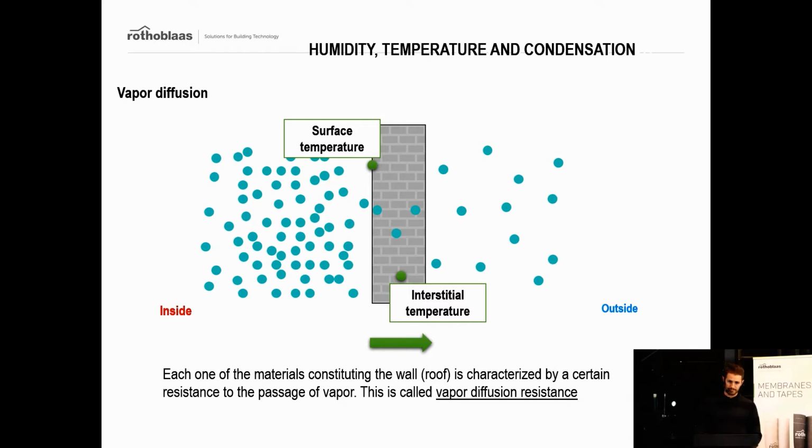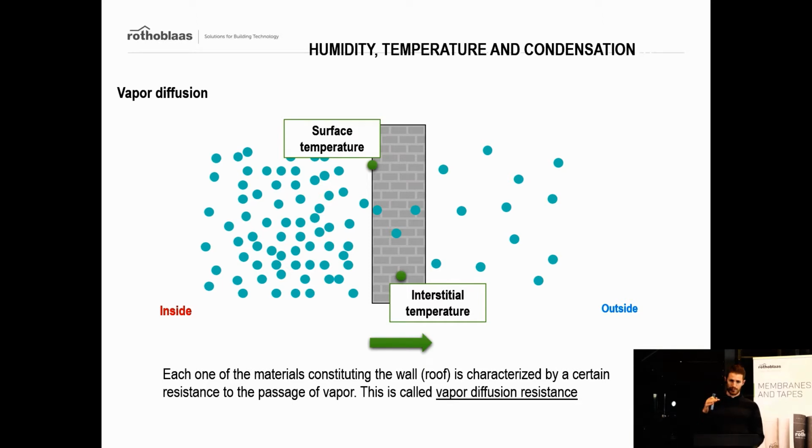So basically we have on the inside a bigger amount of vapor and a higher pressure as well. So this vapor tends to migrate, tends to pass through our wall buildup. And as I told you before, there's another thing to keep in mind.